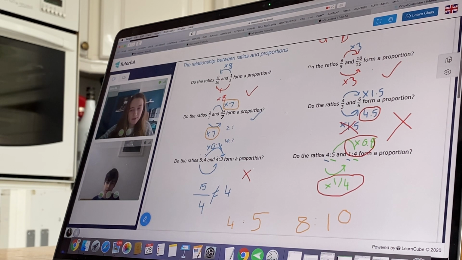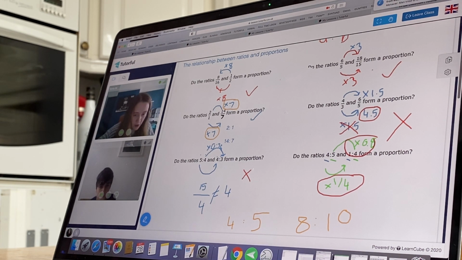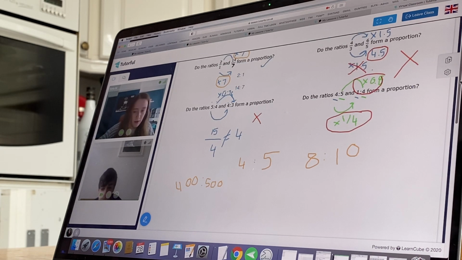Not 4 and 6, because we've got 4 and 5. But we could have 400 to 500, timesing them both by 100. Or we could have 20 to 25, timesing them both by 5.